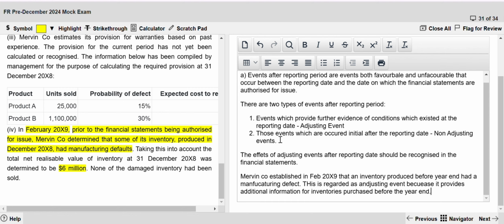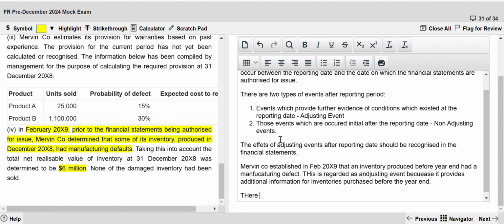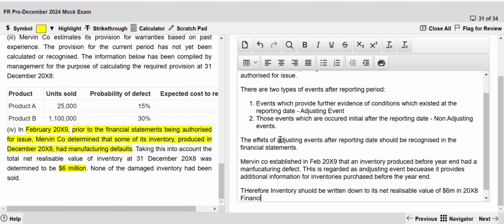Therefore inventory should be written down to its net realizable value of $6 million in 2000x8 financial statements.